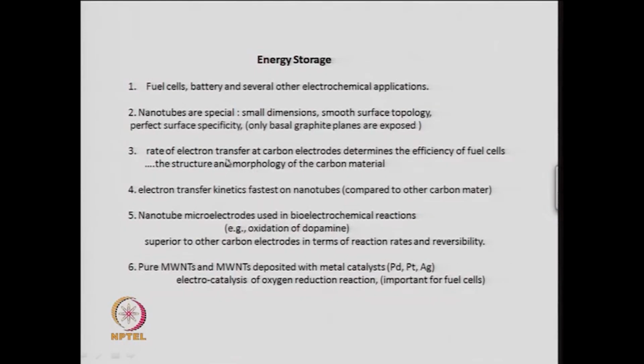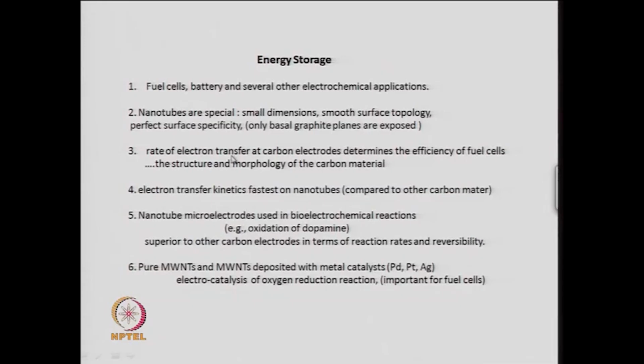Now, the rate of electron transfer at the carbon electrodes, where the carbon nanotube is there, determines the efficiency of the fuel cells, and the structure and morphology of the carbon material will dictate this rate of electron transfer, and that will ultimately be determining the efficiency of the fuel cell.